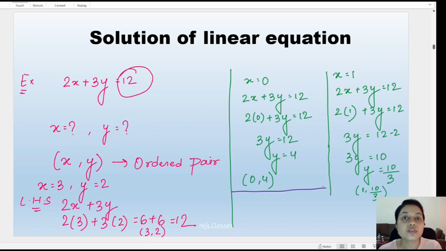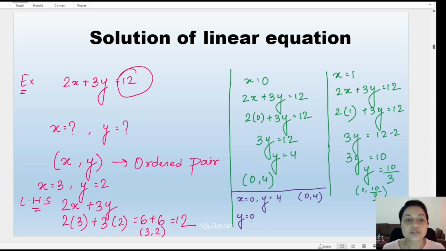Now here, the two most important ordered pairs, or solutions, which will also help us in plotting the graph, come from substituting x equal to 0 and calculating y from the given equation. When we substituted x as 0, we already got y as 4. So (0, 4) is one of the important points. Another important point: let's substitute y equal to 0 and calculate the x value from the given equation.